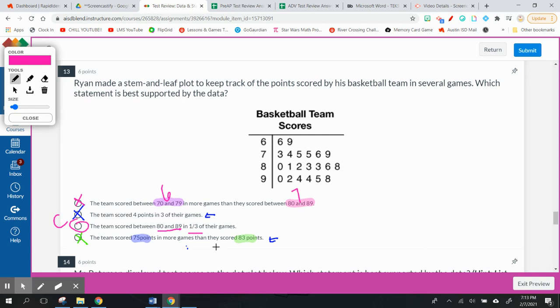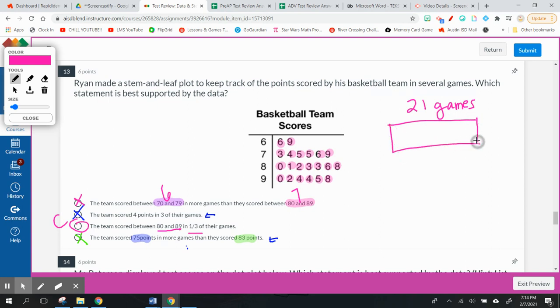It's just a fraction. First, let's figure out how many games did they even play. 1, 2, 3, 4, 5, 6, 7, 8, 9, 10, 11, 12, 13, 14, 15, 16, 17, 18, 19, 20, 21. All right, you guys. They played 21 games. We're talking about a third of them.